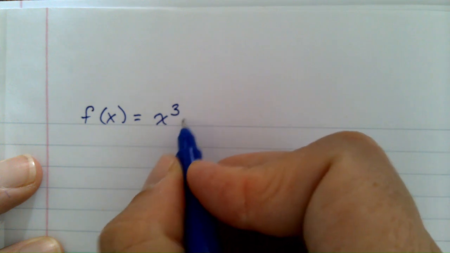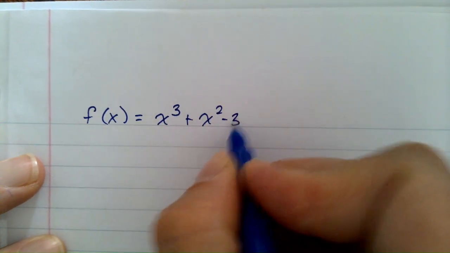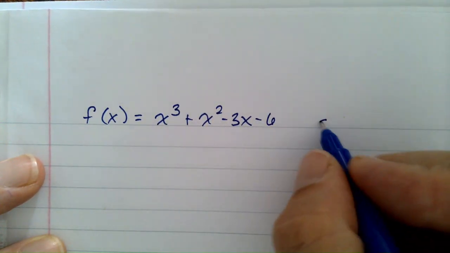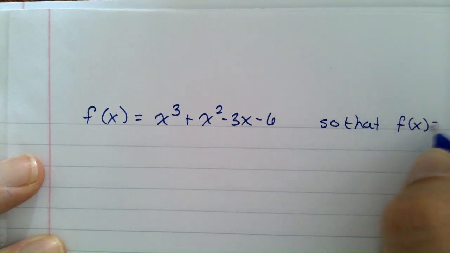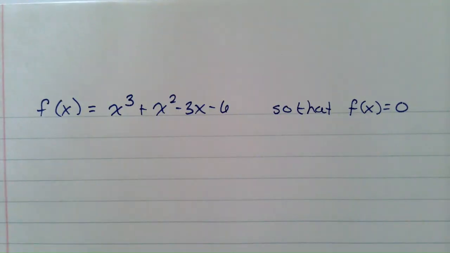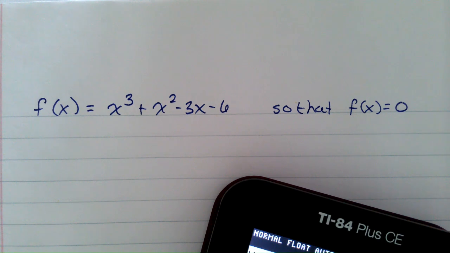So why did I show you the graph? Well, if you have access to Desmos or a graphing calculator or something like that, that relationship's a really big deal. So let's go ahead and find all the solutions so that f of x equals 0. Okay, well, we're just going to go ahead and quote unquote cheat.